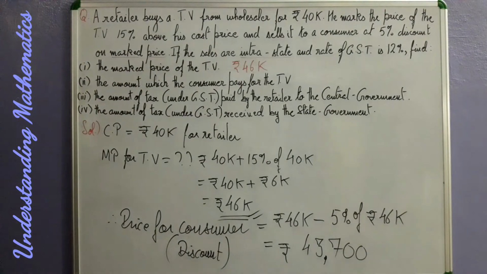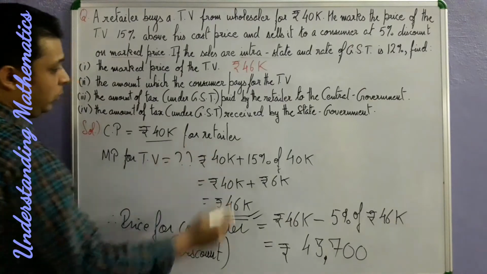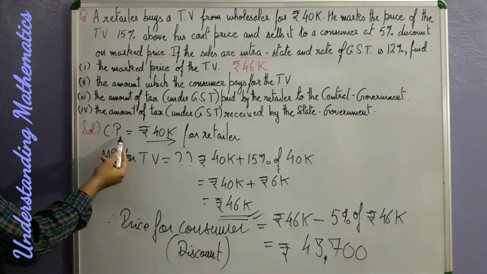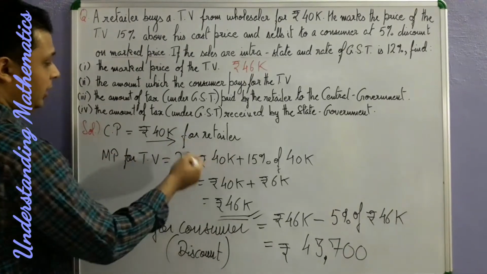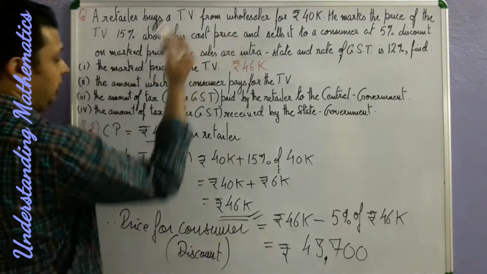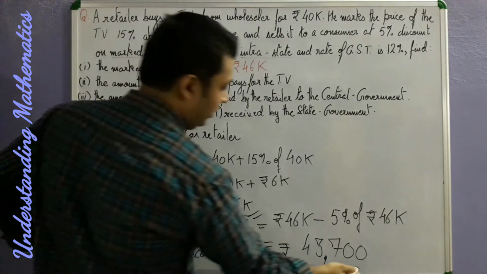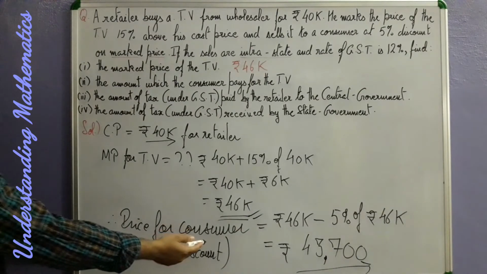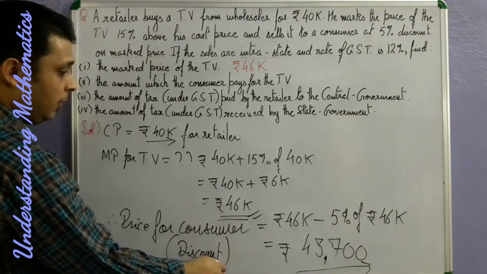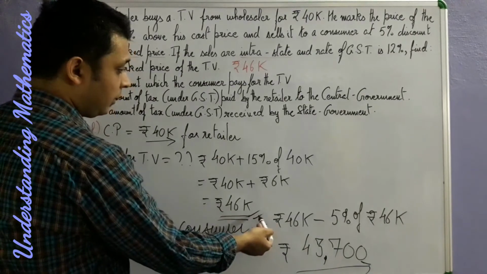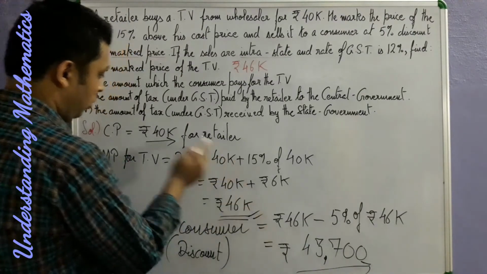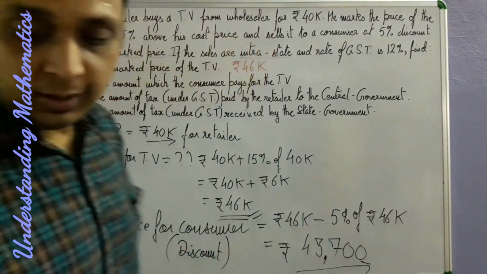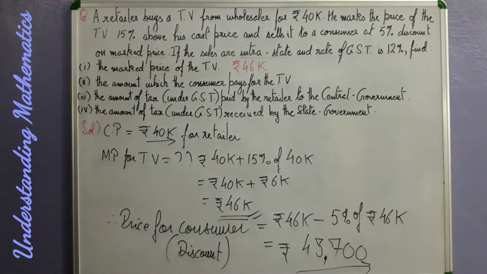Now we need to remember that the 40,000 will go on the first arrow, because this is the price which the retailer pays when he purchases it from the wholesaler. And ultimately on the second arrow we will have this, because this is the amount of money which the consumer will pay after a discount on the marked price of the TV whose original cost was rupees 40,000. Clear? Now let us solve this question with the help of a diagram.